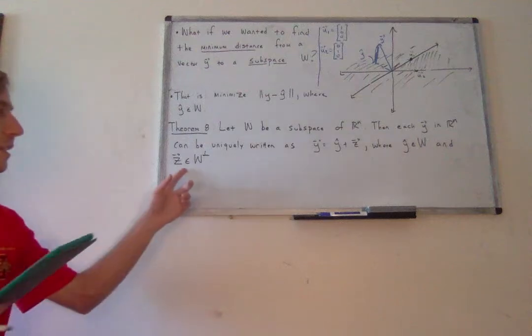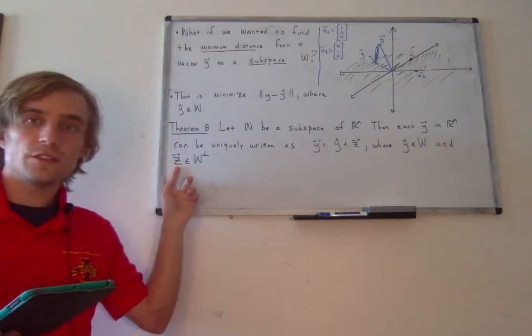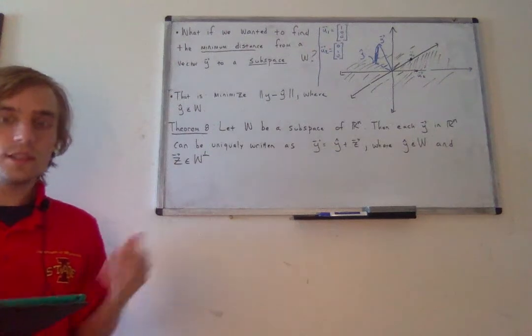And remember, this means that z is orthogonal to W, right? Meaning that the dot product of z and any vector in W is 0.